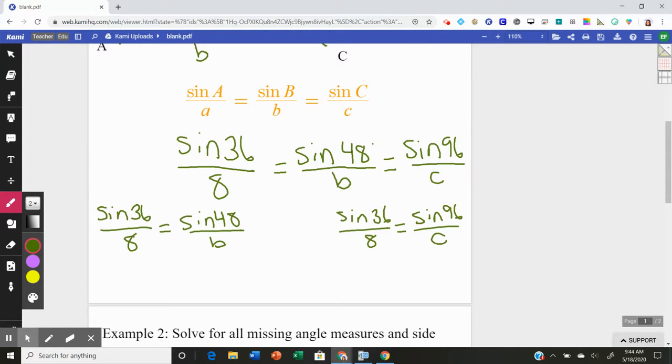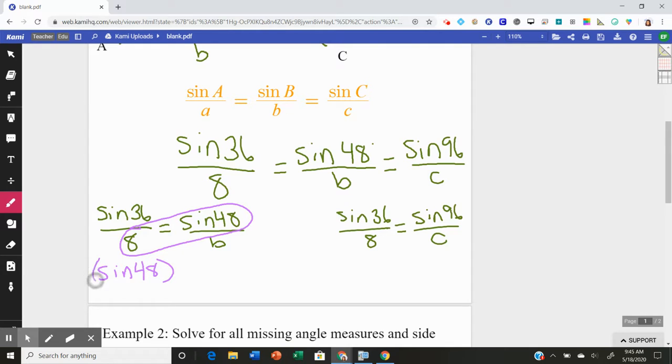From here, this is just a cross multiply and divide. So if I use this first ratio here, sure, let's cross multiply. So I end up with sine of 48 times 8 is equal to b times the sine of 36.